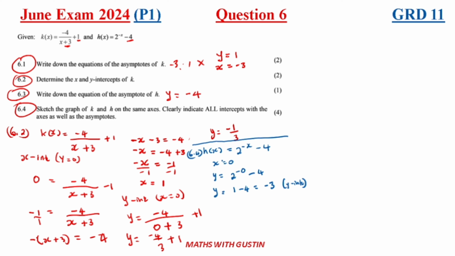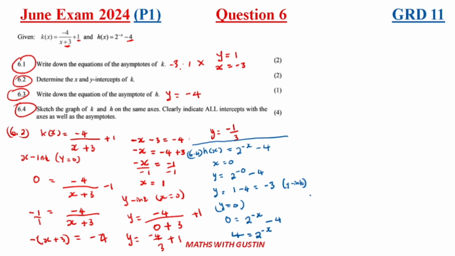So now let's look for the x-intercept. We get the x-intercept when y is equal to 0. I'm confusing the two now. 0 is equal to 2 to the negative x minus 4. Take 4 to the other side. You're going to have 4 is equal to 2 to the negative x.